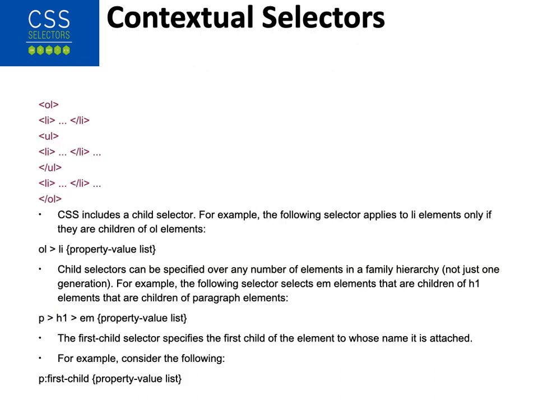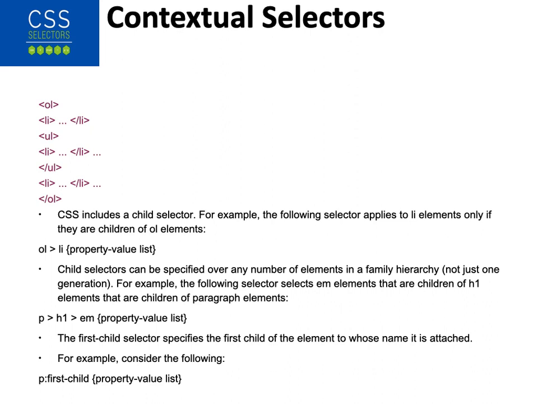In this example, OL LI, that is list item, followed by UL is specified here. So CSS includes that particular subpart. For example, here OL is a starting tag and inside the ordered list one particular unordered list is specified.